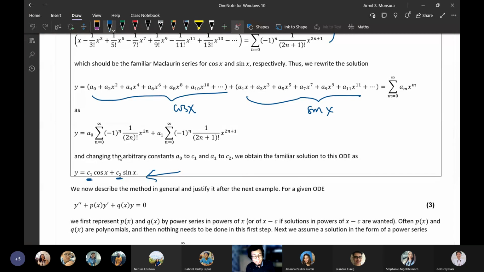So again, so far, we are still getting the same results for differential equations that we solve using elementary methods and using the power series method.